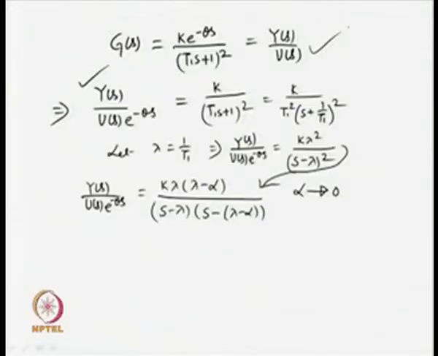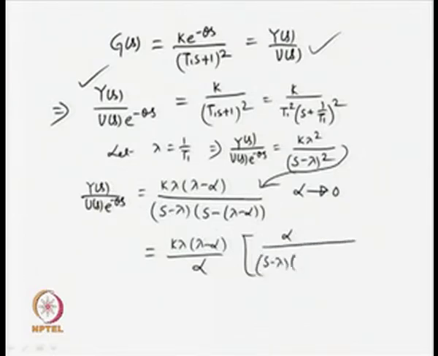Then it is possible to further express this expression in the form of k lambda minus alpha by alpha times alpha by (s minus lambda) times (s minus lambda plus alpha). Okay. Then next, I will write this in the partial fraction expansion form.